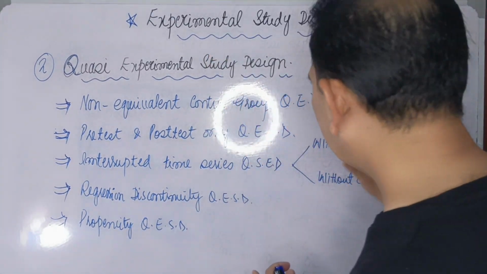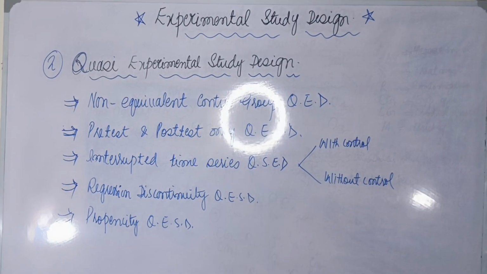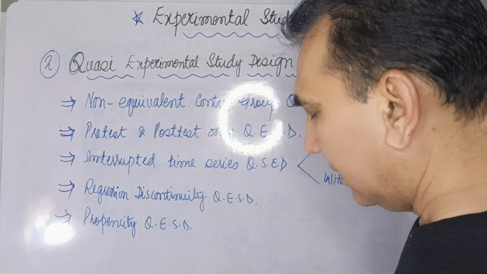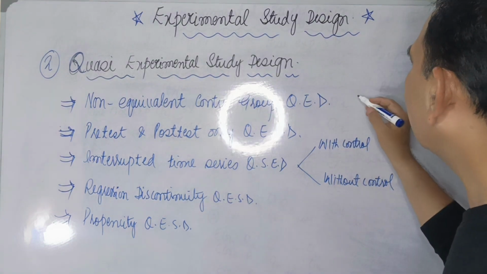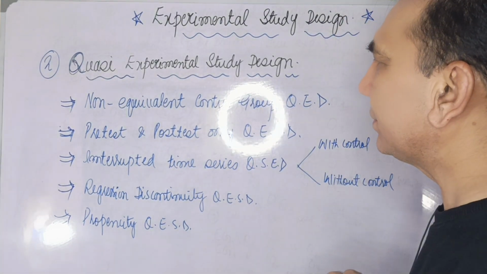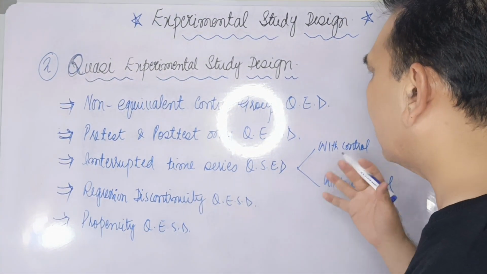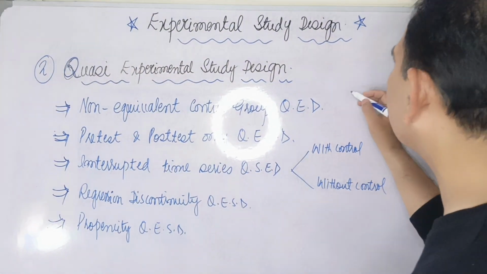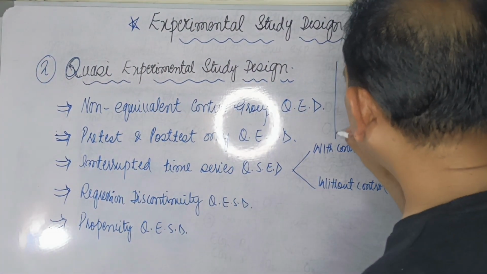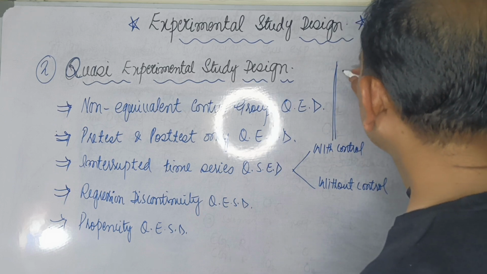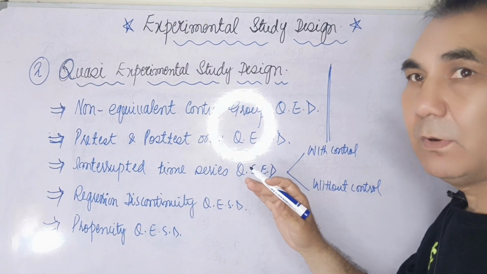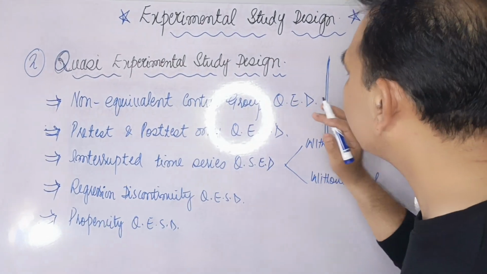Let me discuss each type of quasi-experimental study design in a little more detail. In the first, the non-equivalent control group quasi-experimental study design, no randomization is conducted before the study.